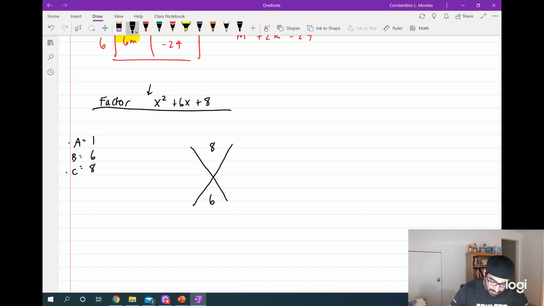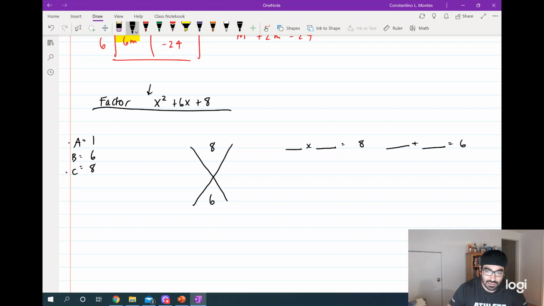So factors two numbers, and let's write this here, two numbers that when I multiply them together, I get 8, but when I add those two numbers, I end up with 6. So we don't have to go through and check every single pair of numbers that multiplies to 8. I can tell you right now that 1 times 8 does give me 8, but when I add it together, it's not going to give me 6, right?